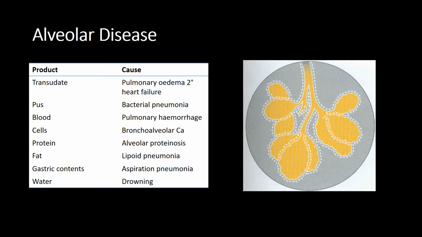Now this abnormal material can include transudate, pus, blood, cells, protein, fat, gastric contents or water, or any combination of these. This little table outlines what can cause the product building up within the air spaces.